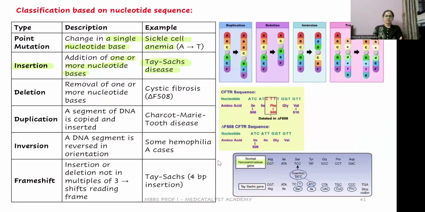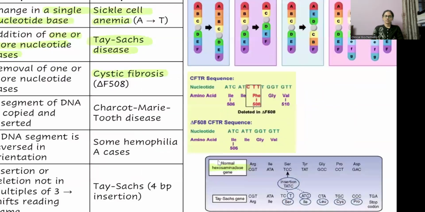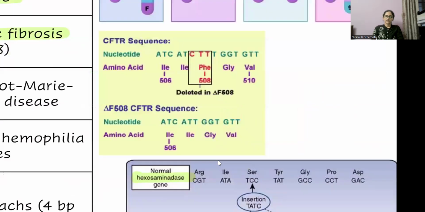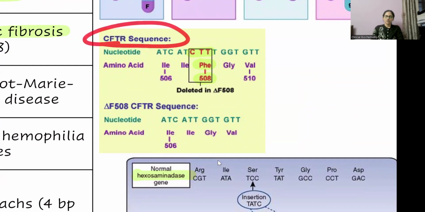Next type is deletion. What is deletion? So in between one or more nucleotides are being deleted. That is what is deletion. Example is cystic fibrosis, right? So you look at this. Look at the sequence. You can see the 508 position is phenylalanine, which is CTT, normally. But in the CFTR gene, so in cystic fibrosis, what happens?